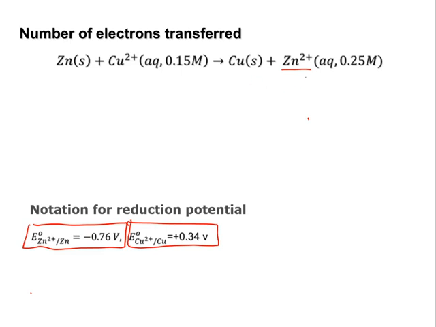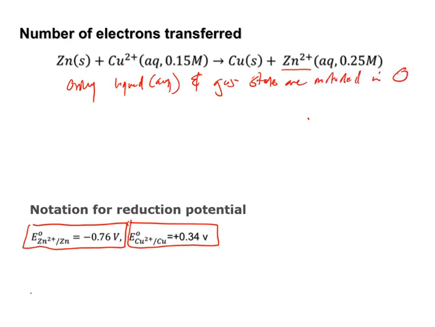Only liquids, meaning aqueous, and gaseous states are included in Q. Solids are skipped. So you skip the solids and you only use the aqueous or liquid species and gases.